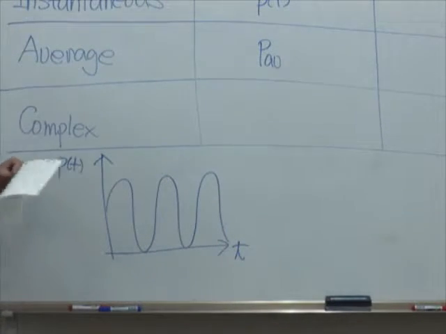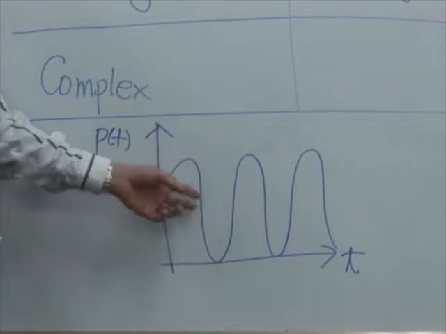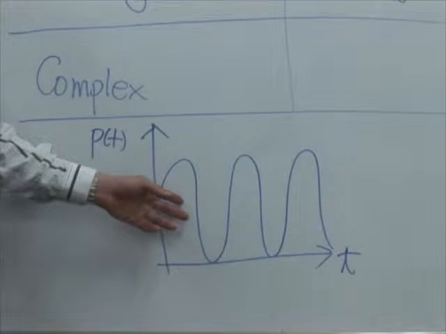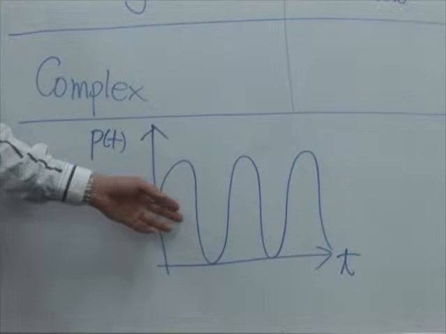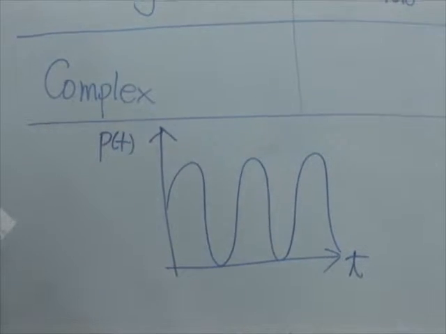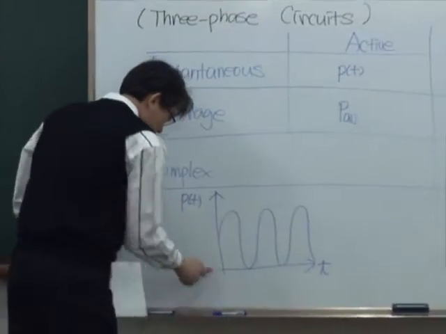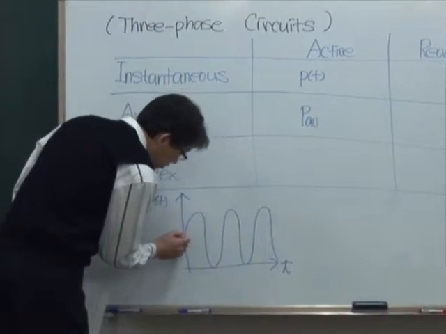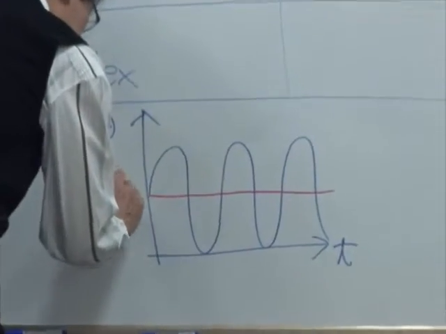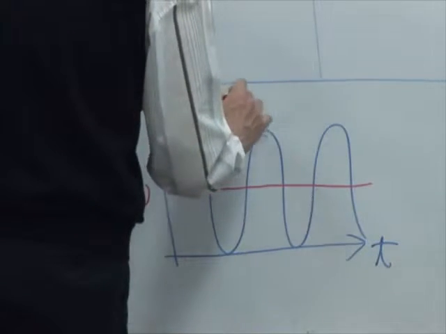In single phase case, if you describe instantaneous power, it looks like this. And the oscillatory frequency is 2 omega t. So it means now power is oscillating at twice the input frequency. And this average value is equal to PAV. In single phase case, this is a single phase.